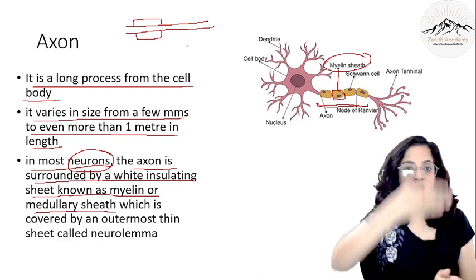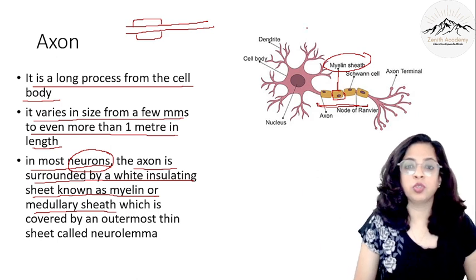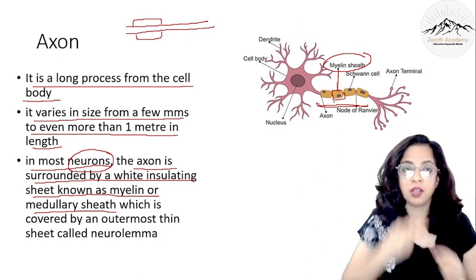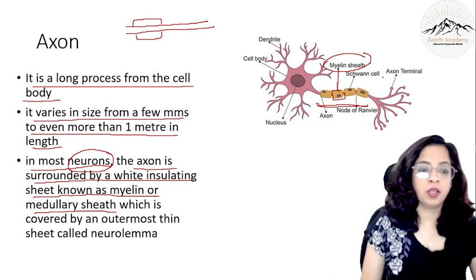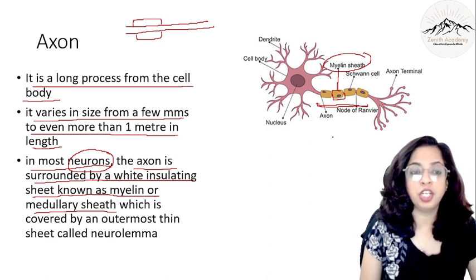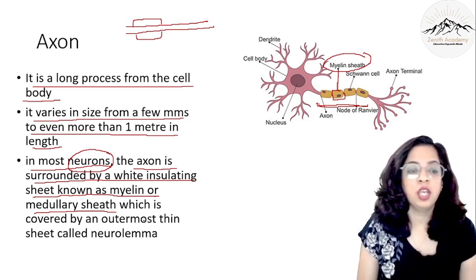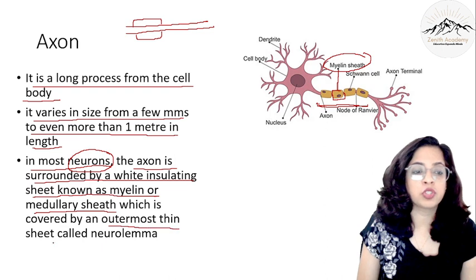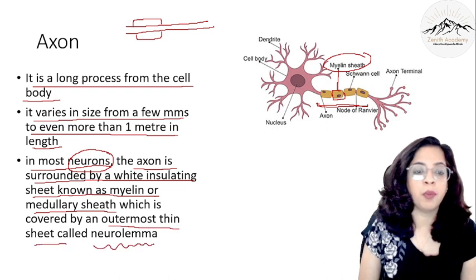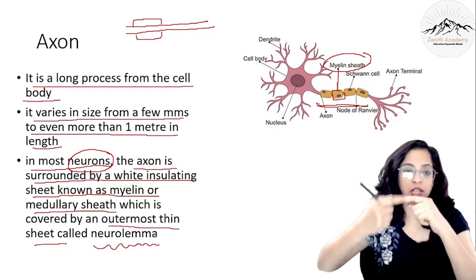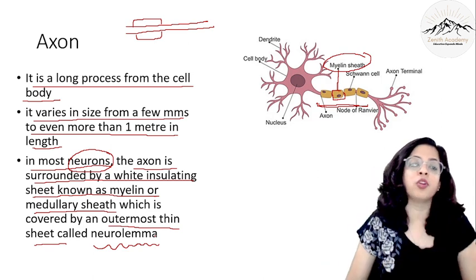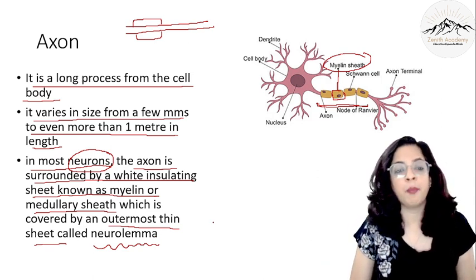I'm showing you a cross section when I cut it through. So it looks like this. Okay, a full covering. So this is a white insulating sheet known as myelin or medullary sheath, which is covered by an outermost thin sheet called neurolemma. So outside the myelin sheath, there is an outermost covering known as neurolemma.